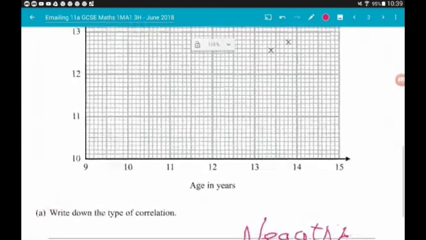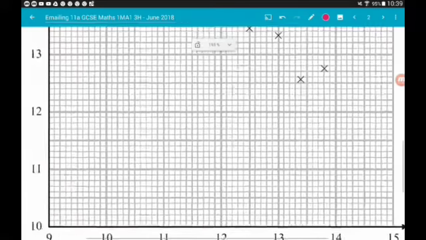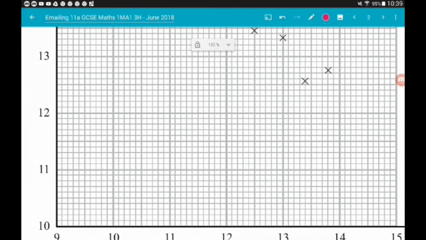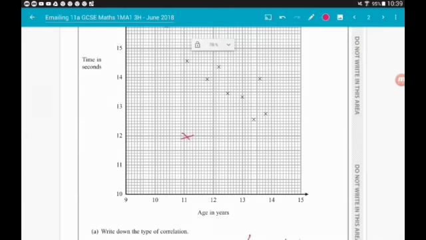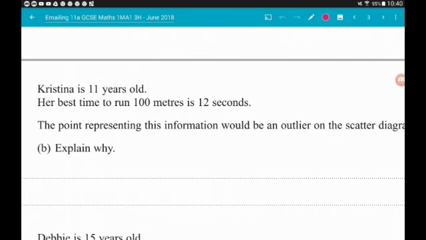Find 11 along the bottom and then 12 is this point here. We can see that that point doesn't fit with the other points. So it doesn't fit in well with the other data, and that is exactly what we can say.